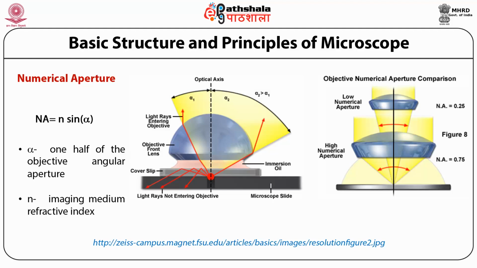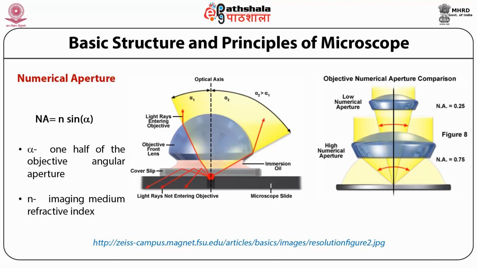And numerical aperture can be defined as NA is equal to n sine alpha, and alpha is one half of the objective angular aperture. Alpha is the angle which represents one half of the objective angular aperture, and n represents the refractive index.